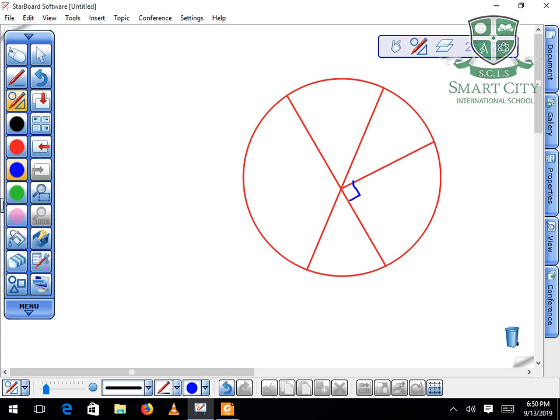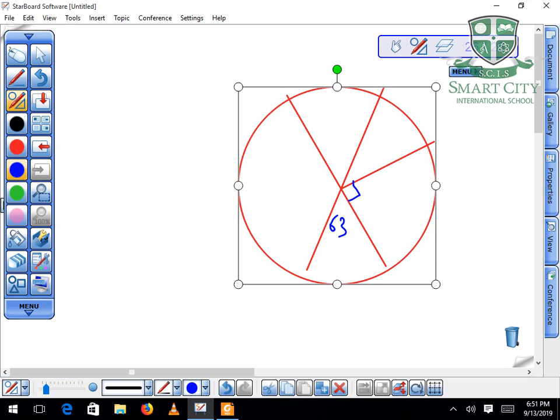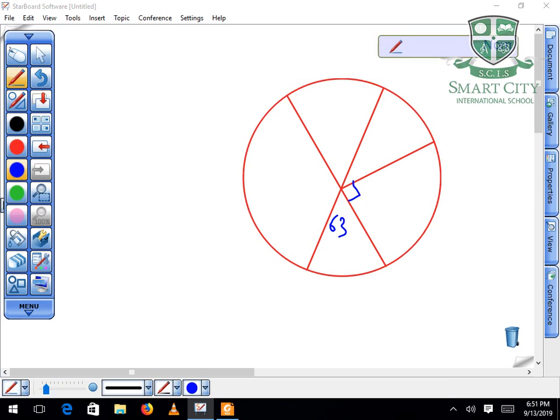This one is 90. This one is 63. And what about this one? Yes, it will also be 63. Why? Because it is vertically opposite to this angle. These two angles are vertically opposite angles, so both of them have the same measure.